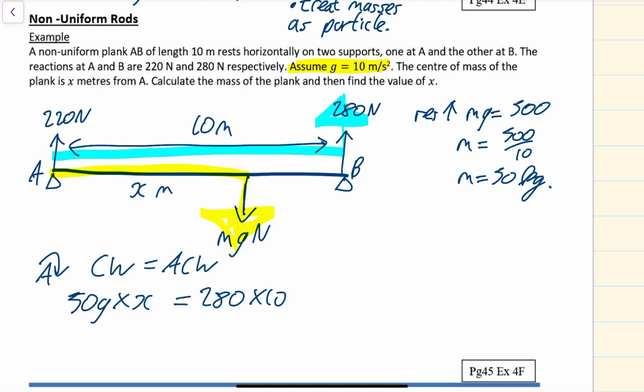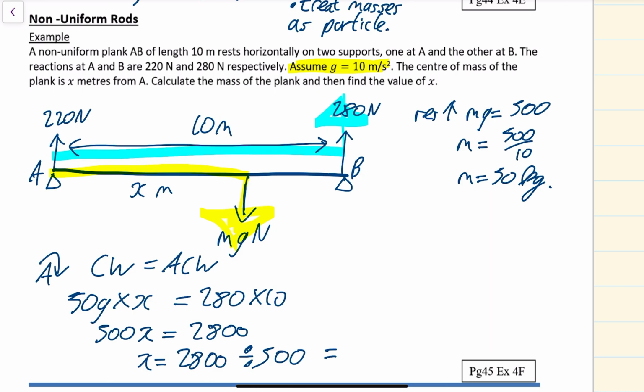So 50g, that's going to be 500x equals 2800. x is equal to 2800 divided by 500. What's that the same as then? That's going to be 28 divided by 5, which is just going to be 5.6 meters. And that's it done.